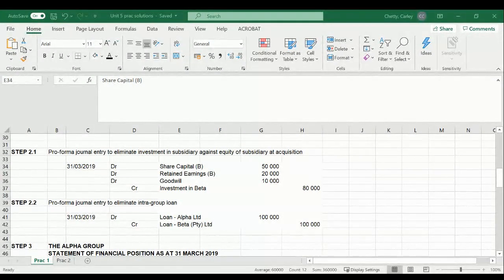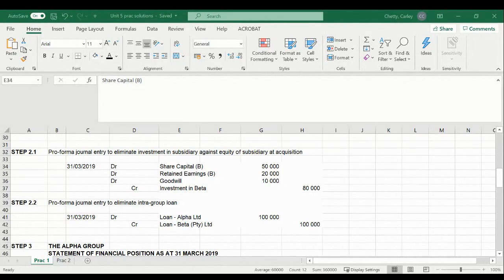Okay. So let's just go through the pro forma journal entries. When Alpha acquired Beta, on its consolidation, there are certain pro forma journal entries we need to show.